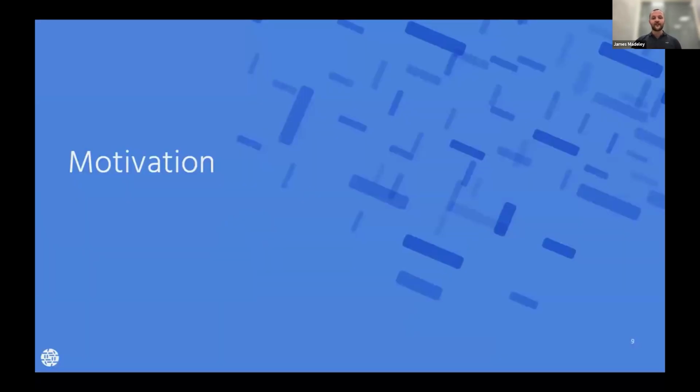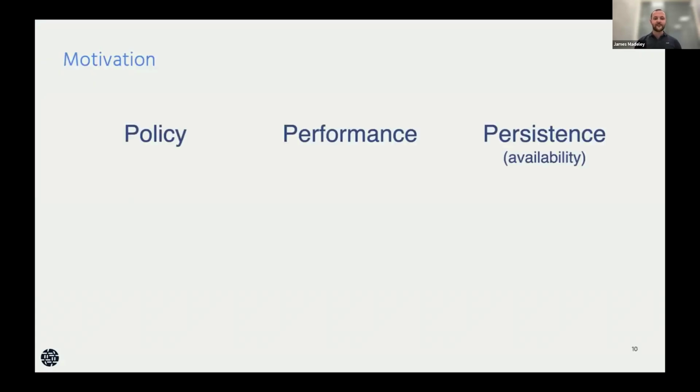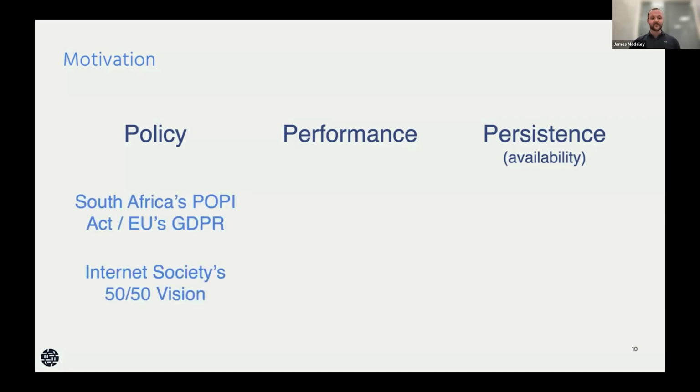So, why are we looking at traffic locality? Well, there's three main reasons: policy, performance, and persistence. And by persistence, I actually mean availability. However, persistence fit better with three Ps for an alliteration. So in terms of policy, we want to check whether we can comply with existing policy and how we can affect policy decisions in the future to achieve better traffic locality.